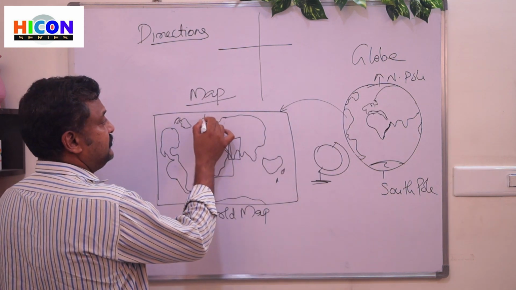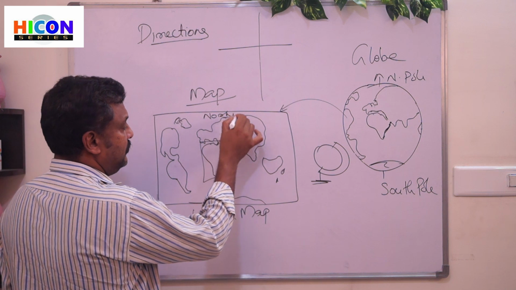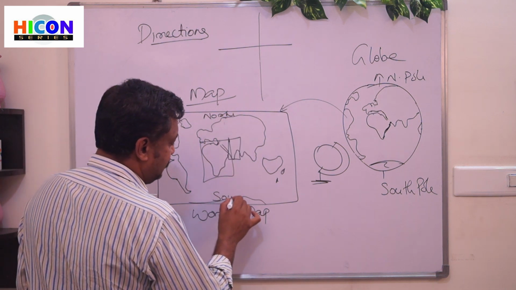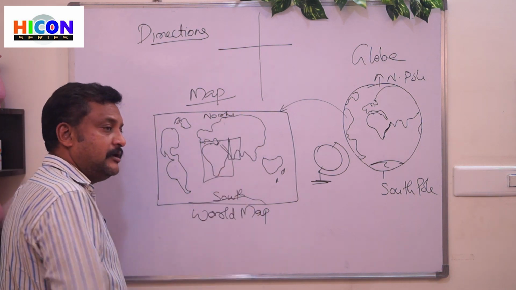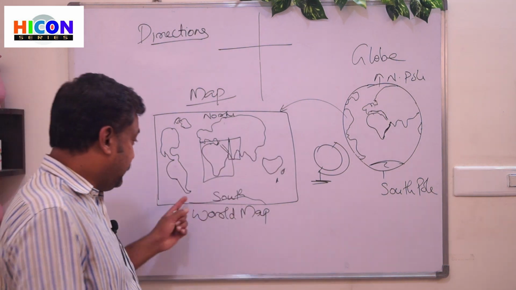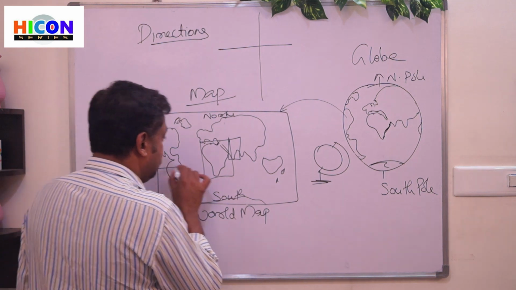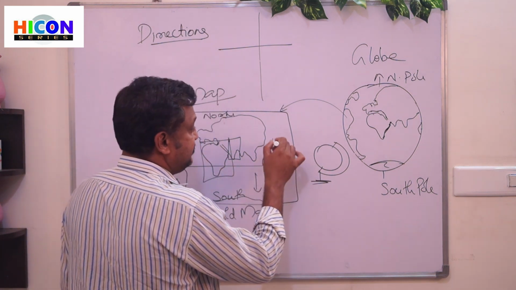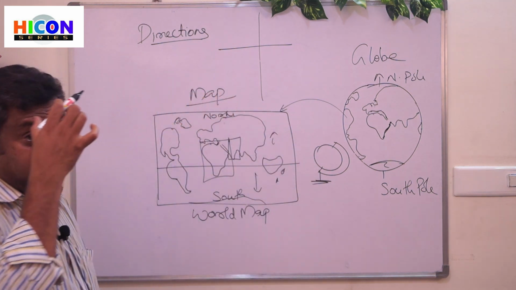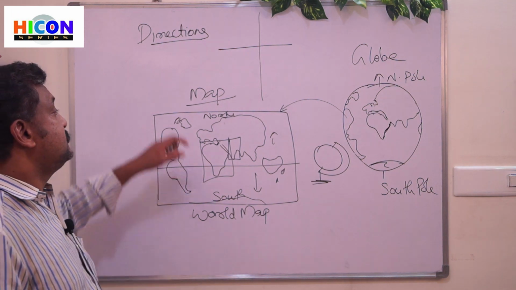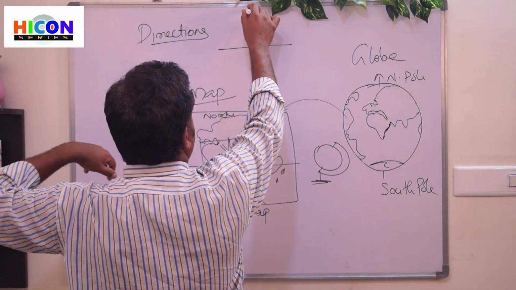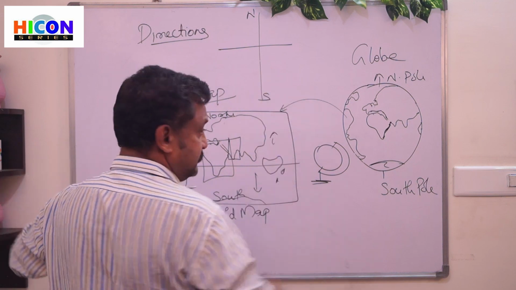So this part of the map is north, this is south. We know Antarctica is at the south, the southern ocean. We have the equator, this is the southern hemisphere, this is the northern hemisphere, isn't it? Okay, so this is the north and this is the south.